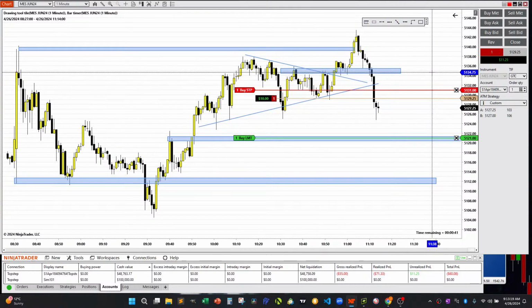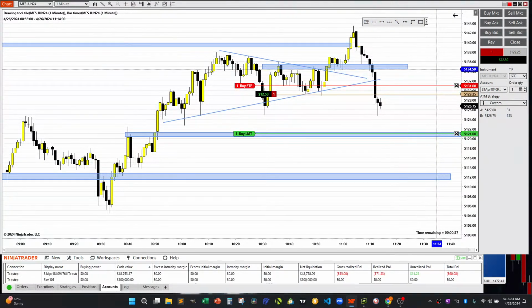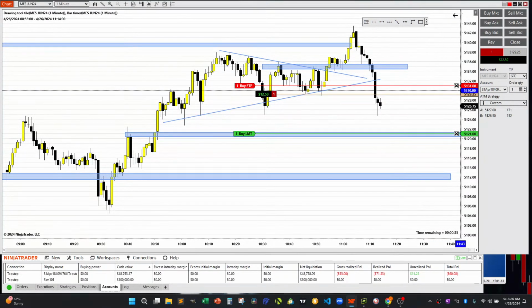So I'm gonna tighten that up. About $10 risk. Let's see if we get the trade.